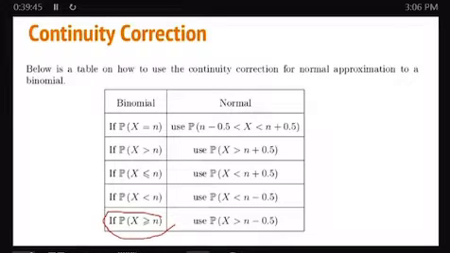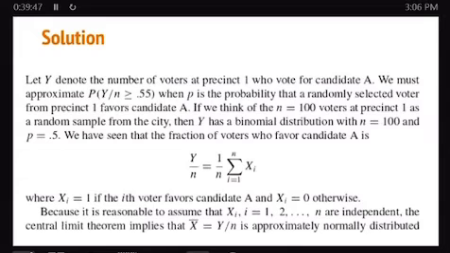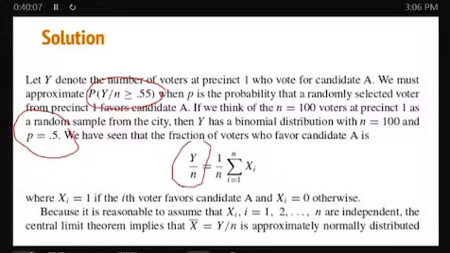Now, if you take a look at this, this is the data. This is what you want to find. The probability of y over n greater or equal to that. Don't forget, the mean is going to be 0.5. And y over n, don't forget, is the x bar.